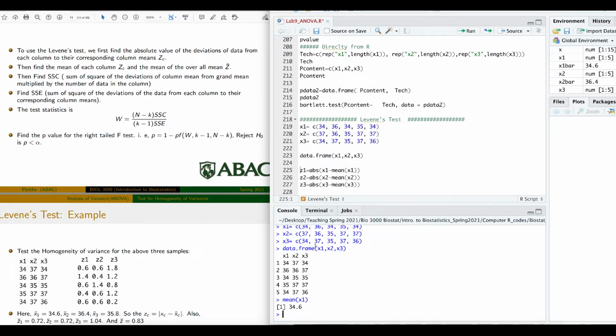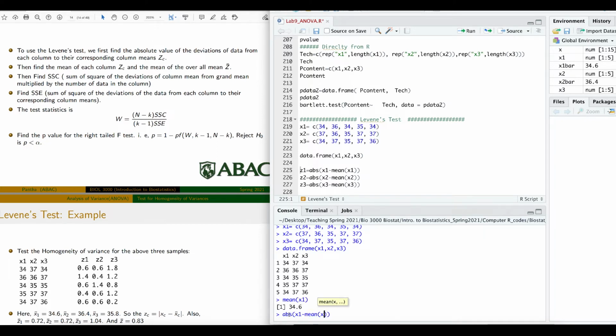Similarly, find the mean of x2 and mean of x3. And you need to subtract the column mean from each of these data, and then if you get a negative sign, you ignore that, so we use the absolute value. So you need to do the absolute value of x1 minus mean of x1, right?